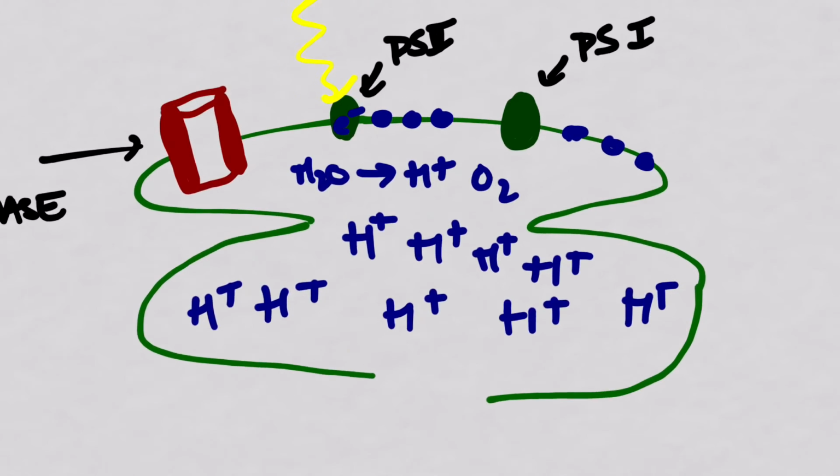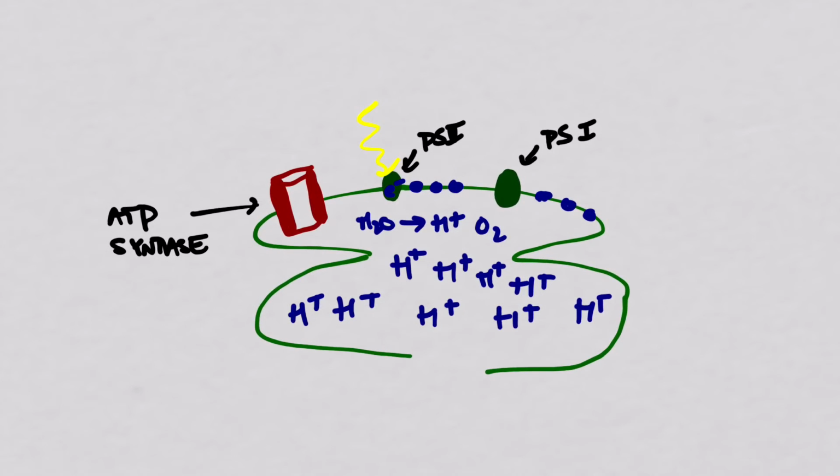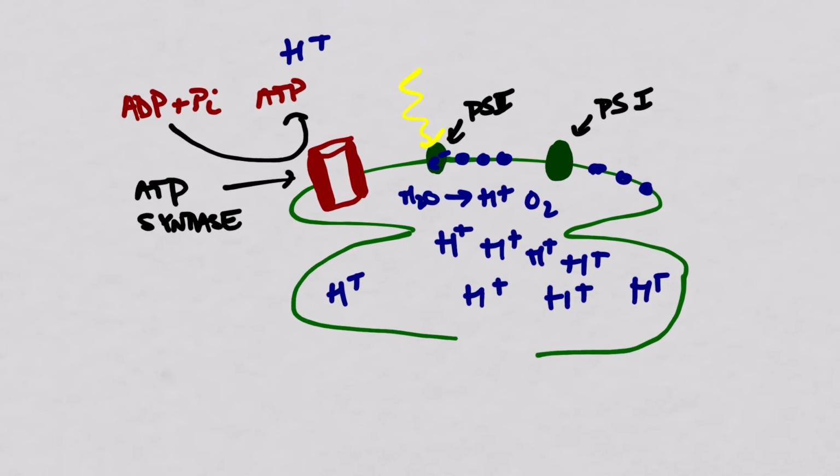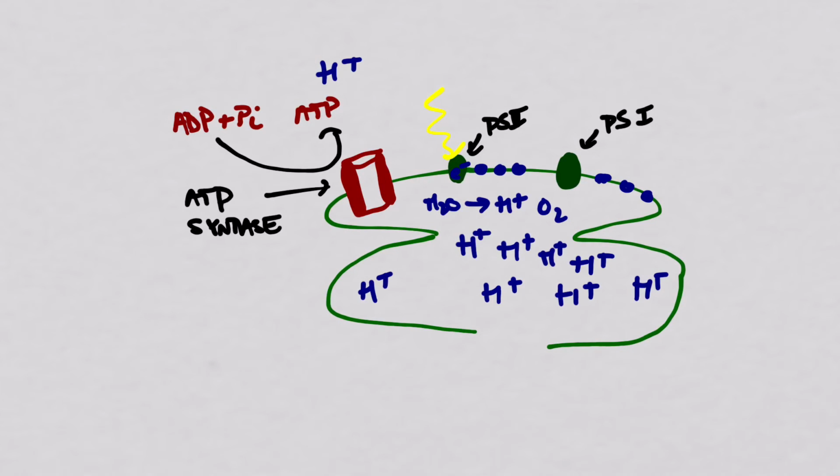We have a high concentration of hydrogen ions inside our granum, which are going to flow through ATP synthase, and in doing so, they're going to spin a little propeller on our enzyme, and take ADP, which is adenosine diphosphate, so 2 phosphates, plus inorganic phosphate found in the stroma, and catalyze the formation of ATP. Adenosine triphosphate, which is going to be used by the cell to do useful cellular work.